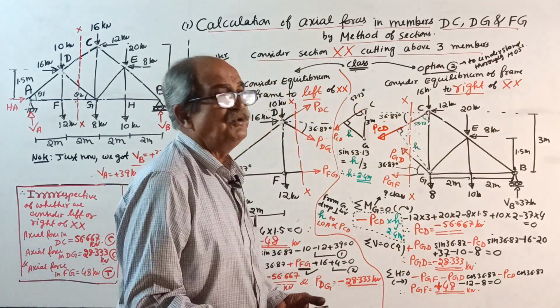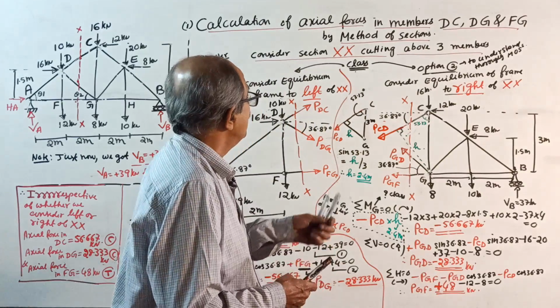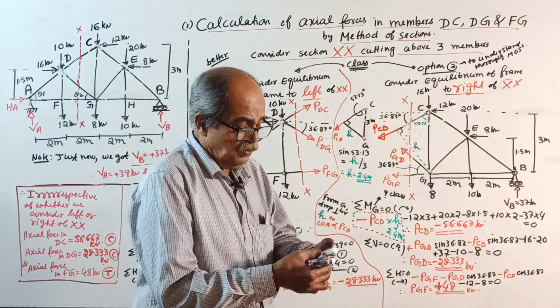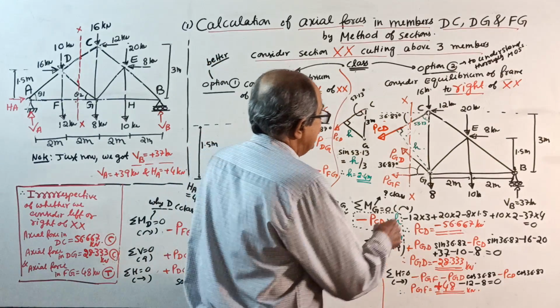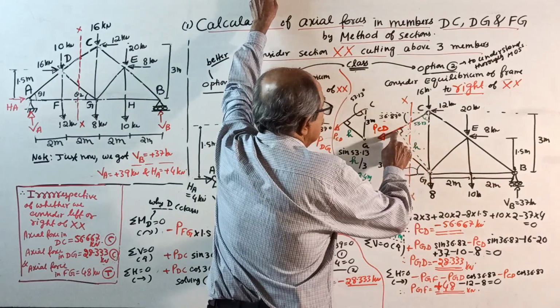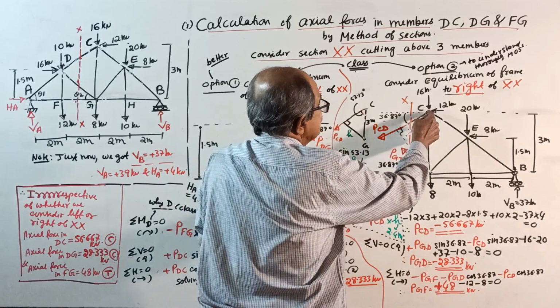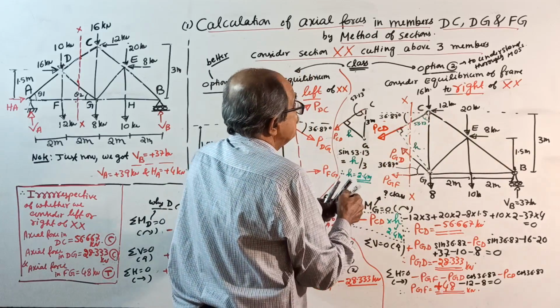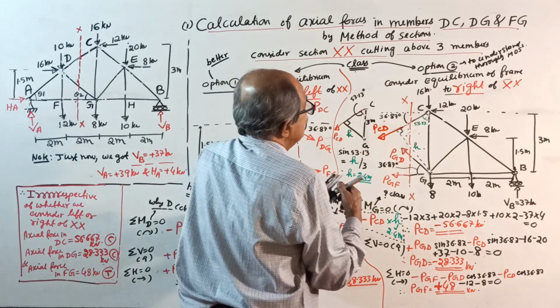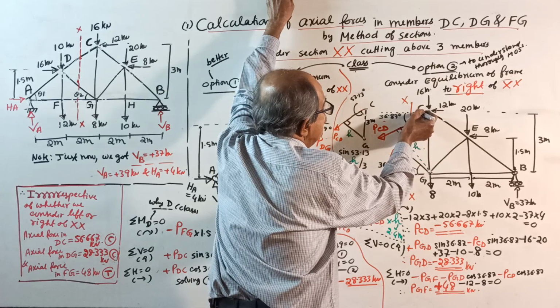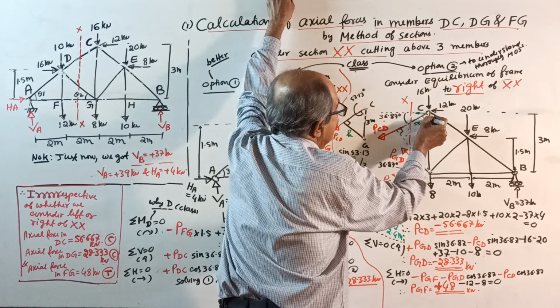Anybody who got confused, I will make a note here. To avoid confusion, when you write moment about G, we want the moment of this inclined force. The inclined force passes through point C. Through any point where it passes, you resolve it into components, this way and this way.